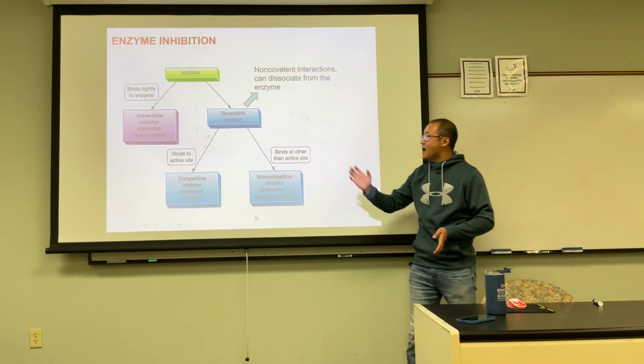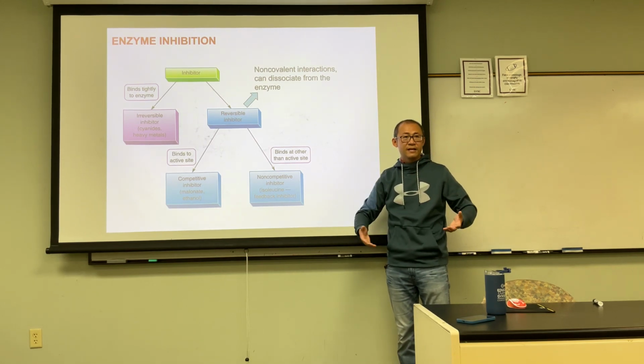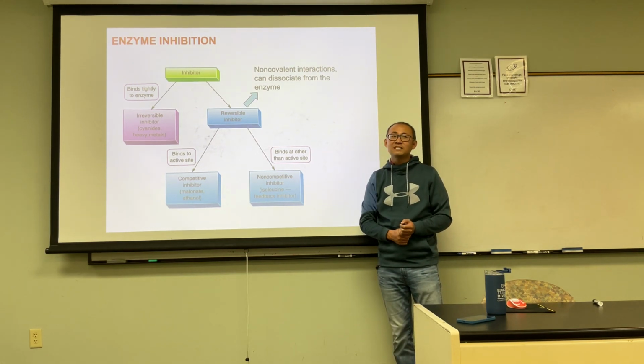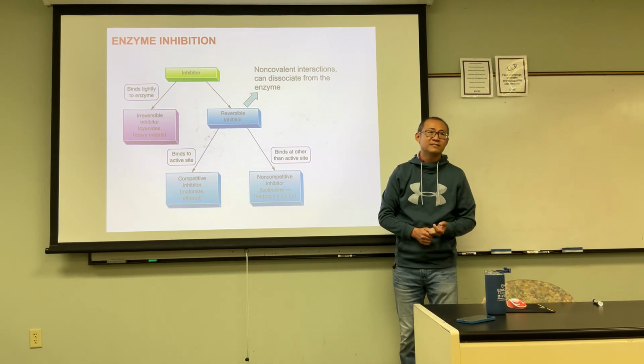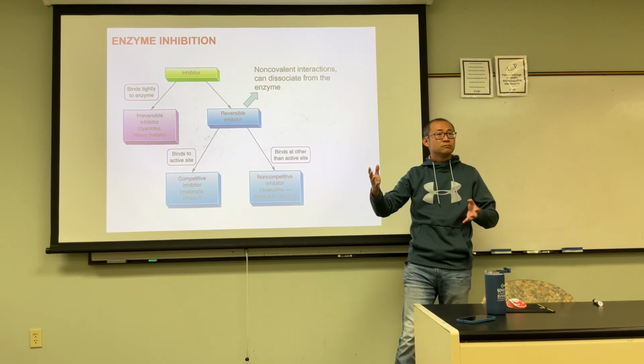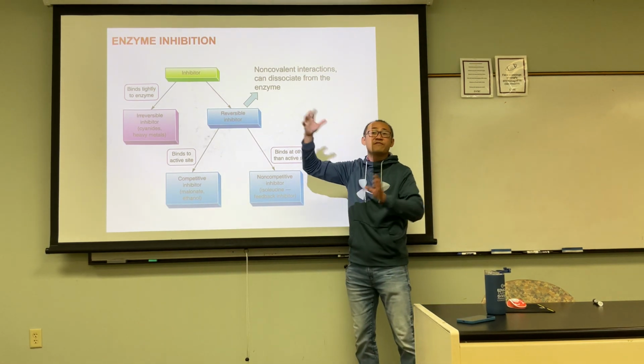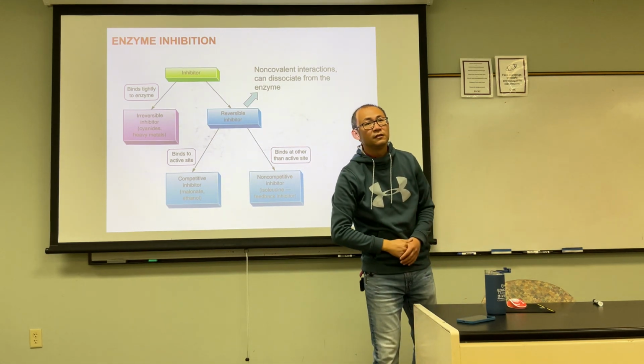Now, another type of inhibitor, reversible, again means what? Means they're not making covalent bond with your enzyme. So your enzyme has a chance to go back, when the inhibitor dissociates from them, just goes away.